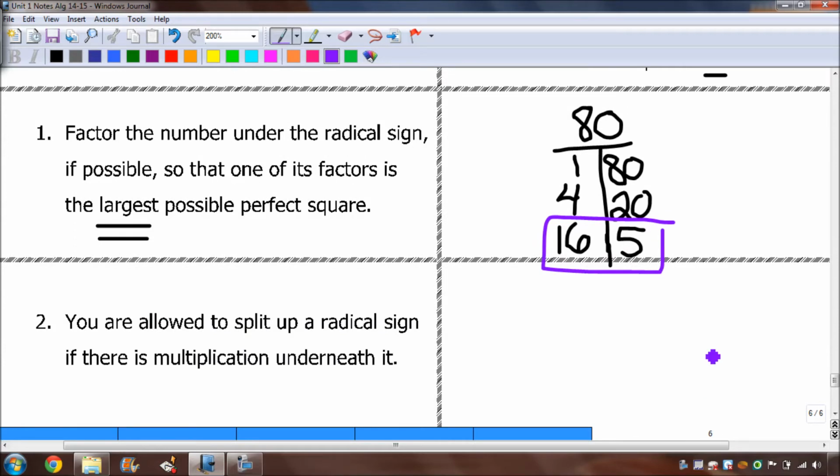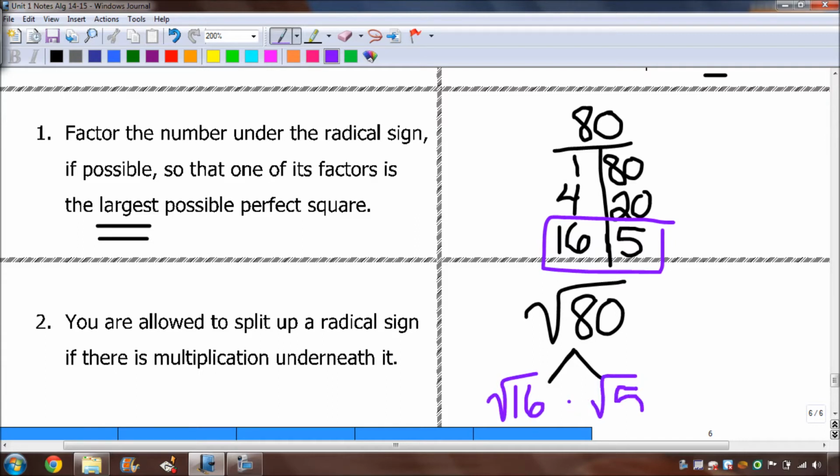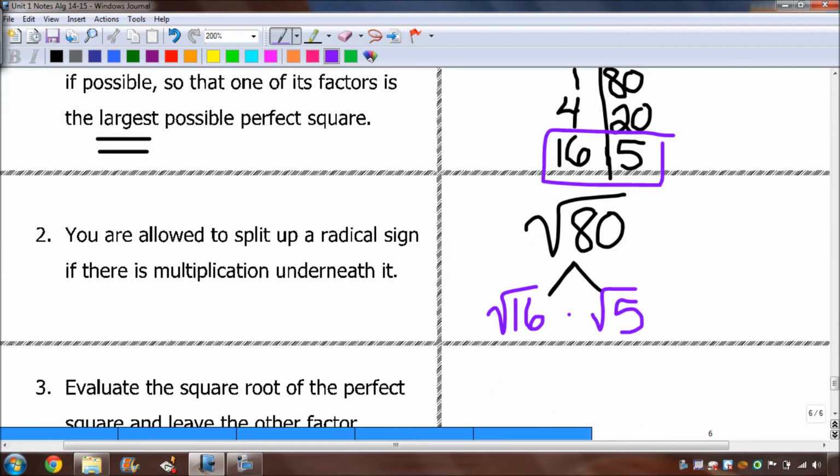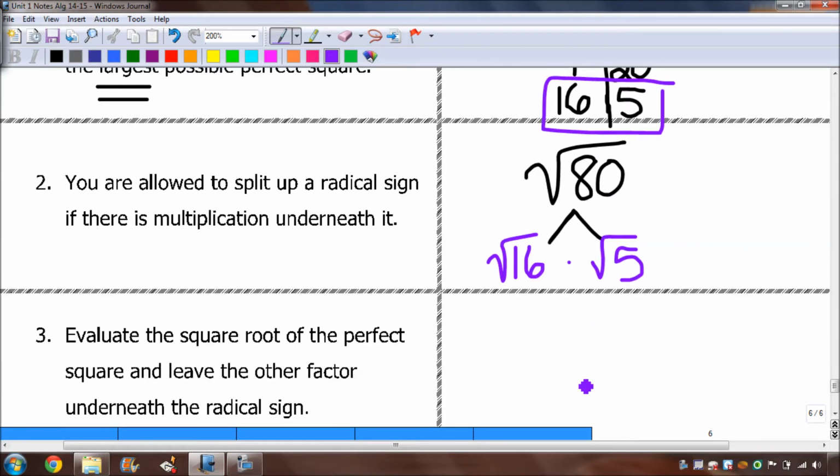Now, step 2 says you're allowed to split up a radical sign if there's multiplication underneath it. So if the problem says radical 80, I'm allowed to say that this is just basically radical 16 times radical 5, okay? And then lastly, step number 3 says to evaluate the square root of the perfect square and leave the other factor underneath the radical sign.